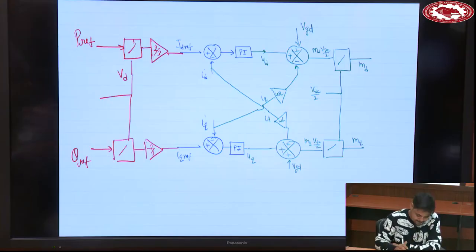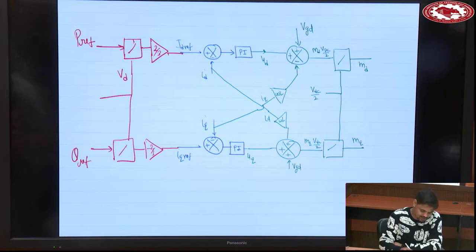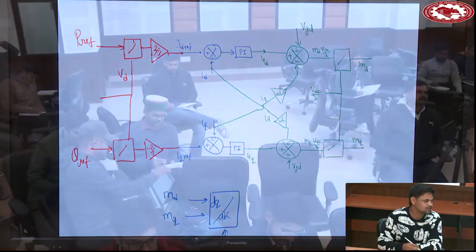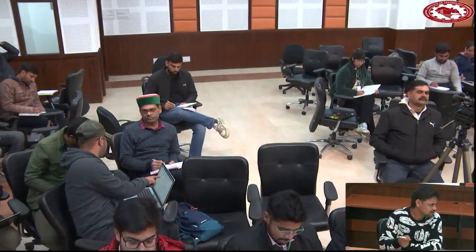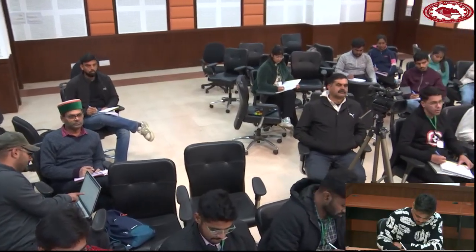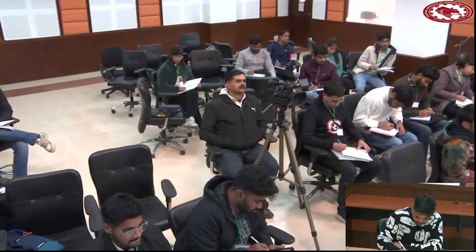Okay. Once MD, MQ is fine, this is the modulation index. You will convert MD, MQ from DQ to ABC using the same theta which is used to convert ABC to DQ, and you will have this MA, MB, MC.